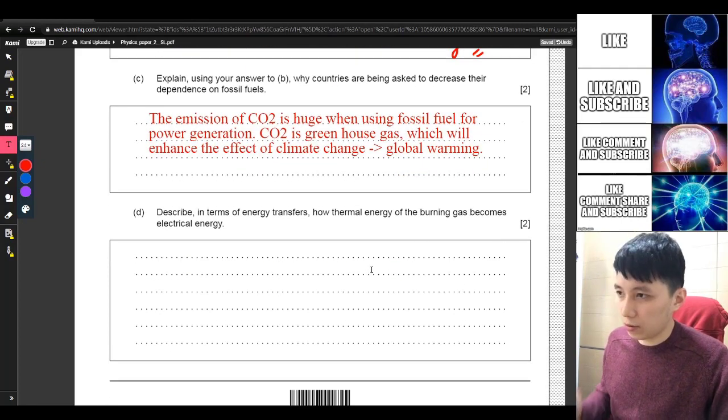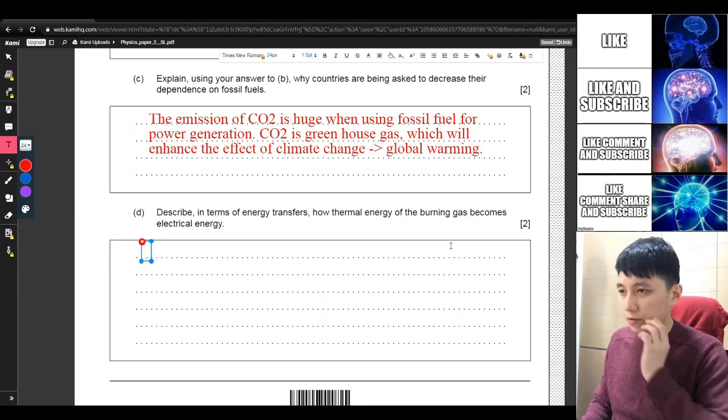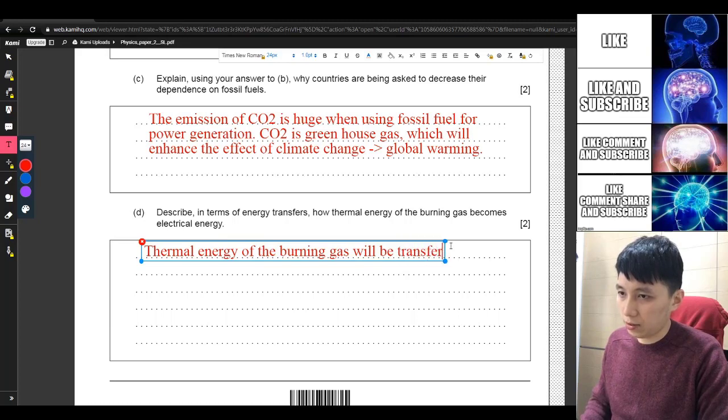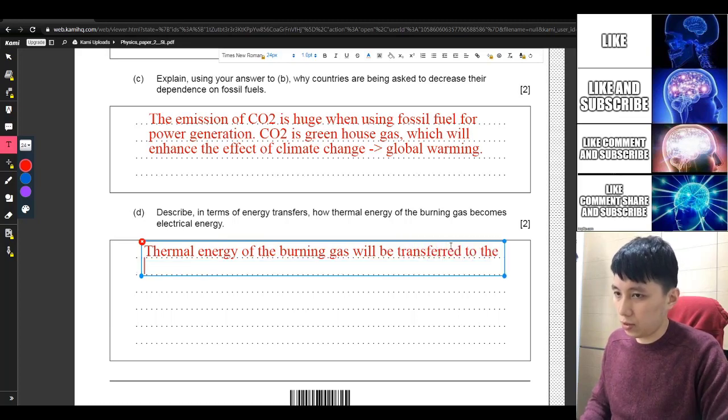Part D, wow, this is very simple. You even learn it in IGCSE. So the thermal energy of the burning gas will be transferred to the water as thermal energy also, heating the water up.